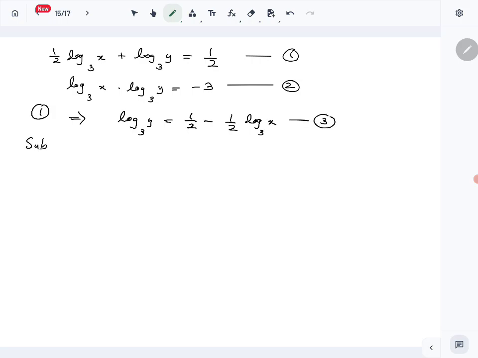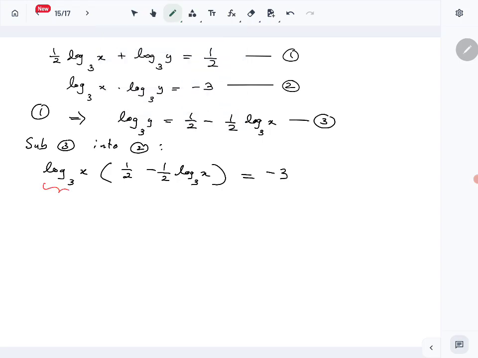So then sub 3 into 2. So we get what? Log base 3 of x times half minus half log base 3 of x equals minus 3.